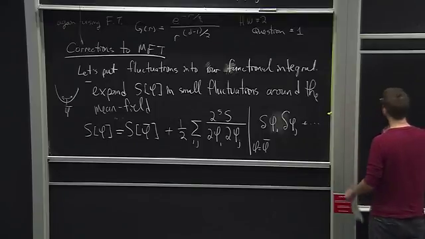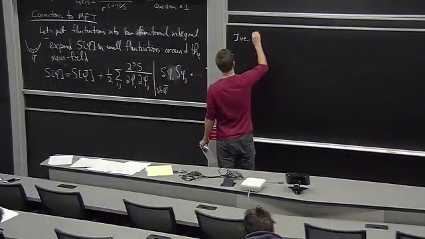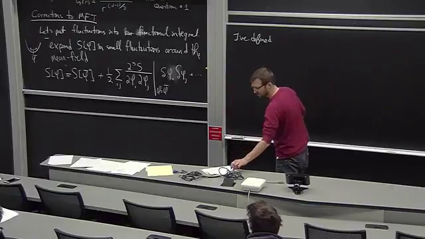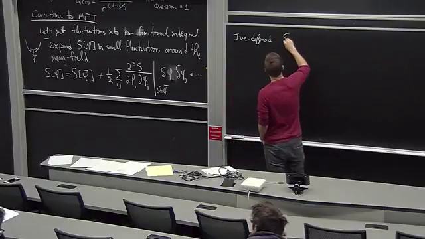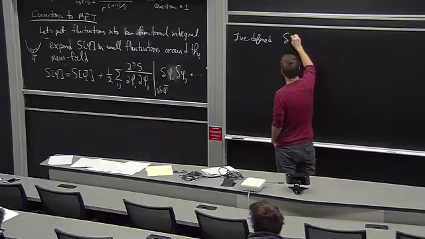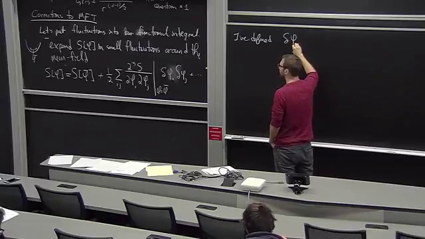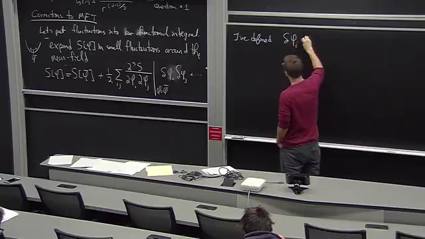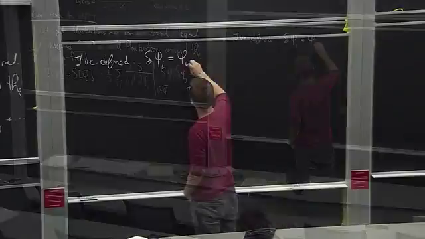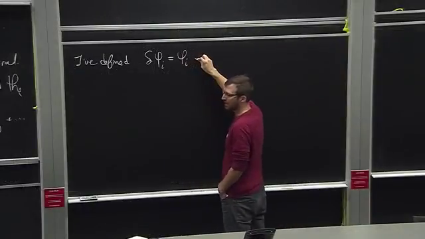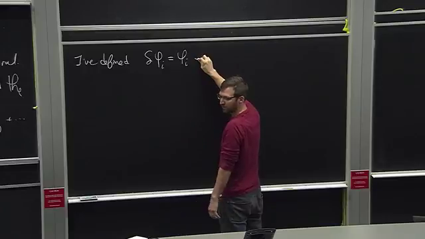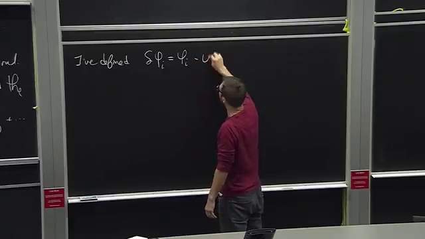And so delta phi, say I, it's just the variation or the difference between the actual field value and that mean field that we're expanding around. So it's just minus phi bar.